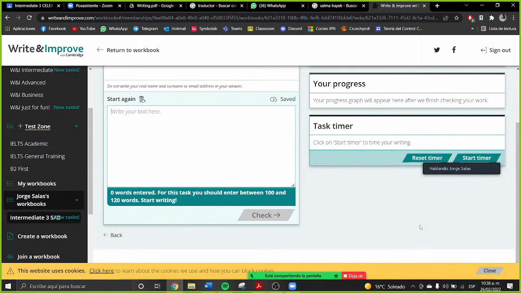We're going to do it individually. Use the information from your book, linkers, past simple, past perfect, and your text from your book said something about past continuous.